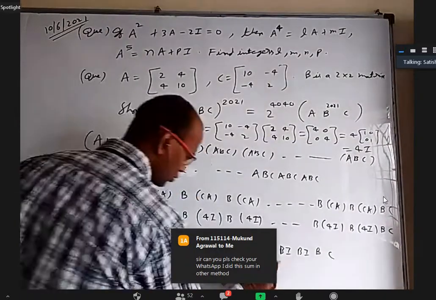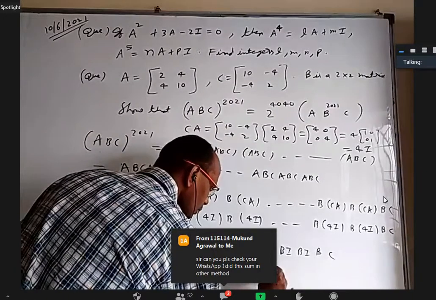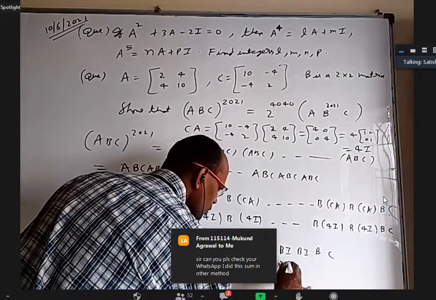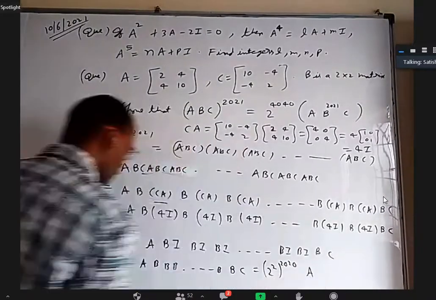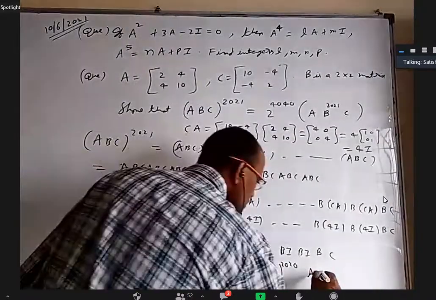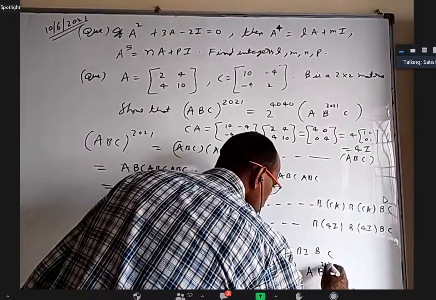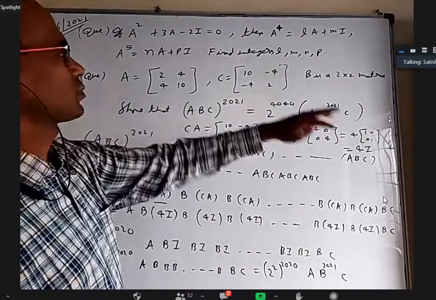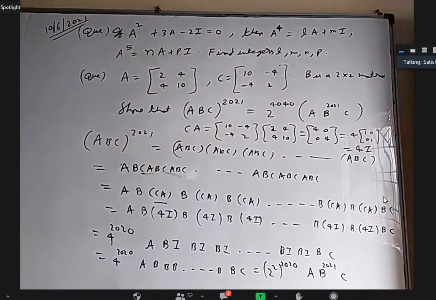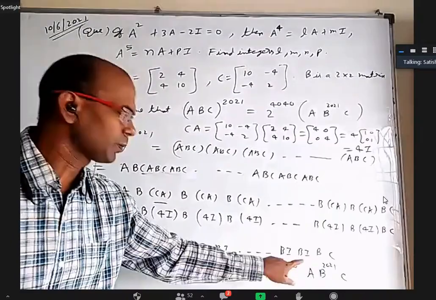I can write 4 as 2 square. 2 square whole power 2020. And you can see when you multiply all the B's, it is B power 2021 C. That's hence 2. That's what we want. A power M whole power N is A power Mn.